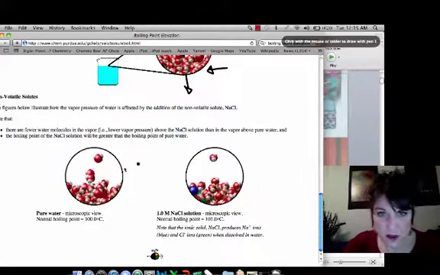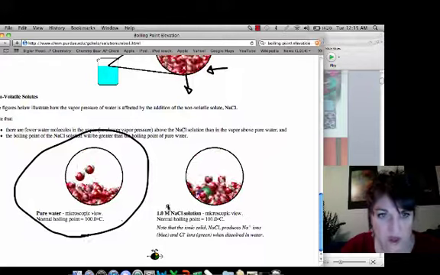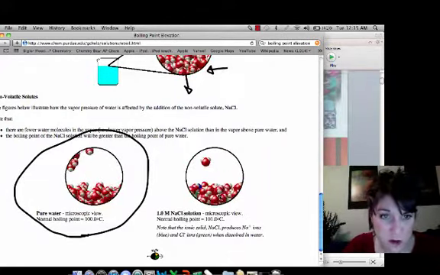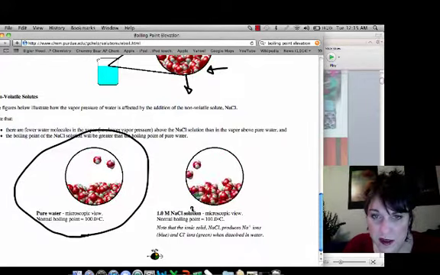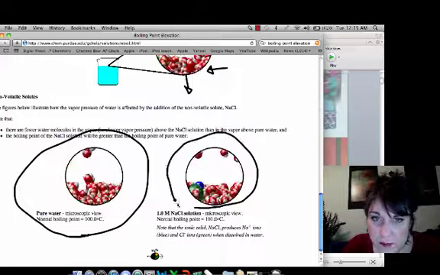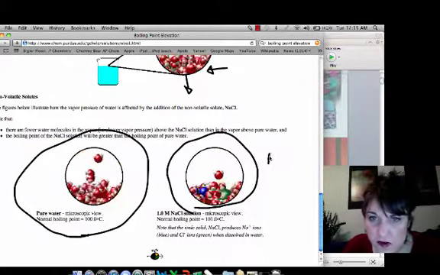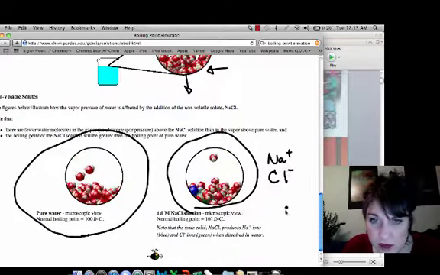So in this picture, this is our pure solvent. Normal boiling point for water would be 100 degrees Celsius, and so if this is water, then it would boil at 100. But then let's add salt to the mix. So if you'll notice, the little blue particles would be your sodium ions, and then the green particles would be your chloride ions.